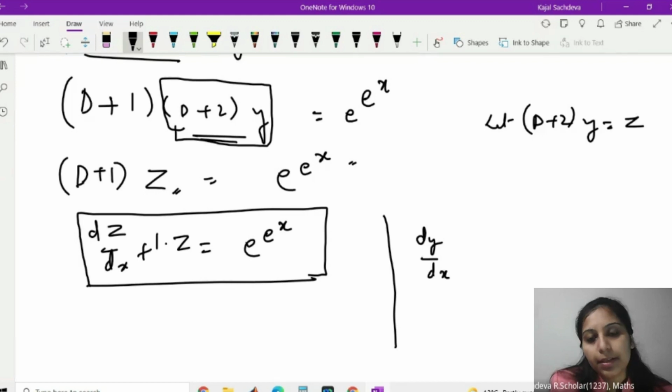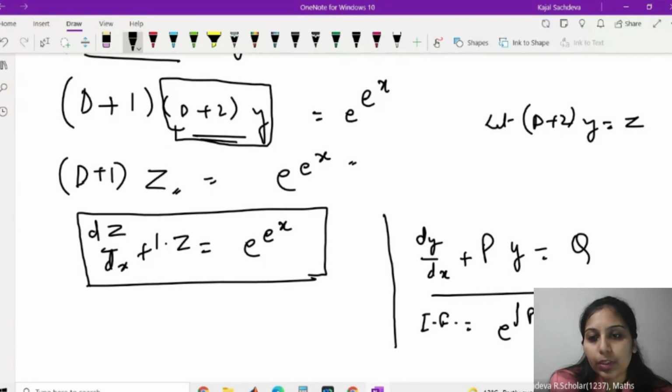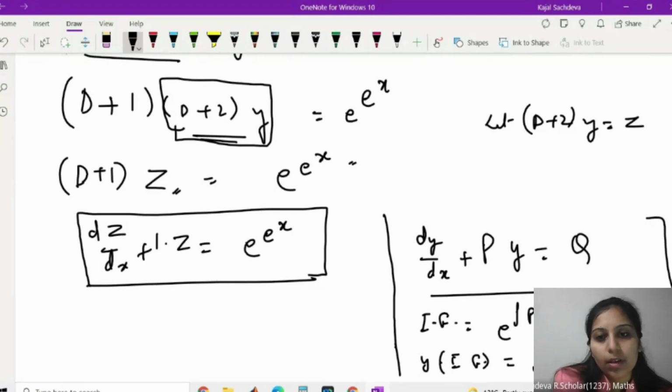This is a linear differential equation of the form dy by dx plus P into y is equal to Q. Here the integrating factor would be e raised to power integration P dx, and then the final solution is y into integrating factor is equal to integral of integrating factor into Q dx plus c. We did this in our previous lectures by Dr. Milirani ma'am, I think.